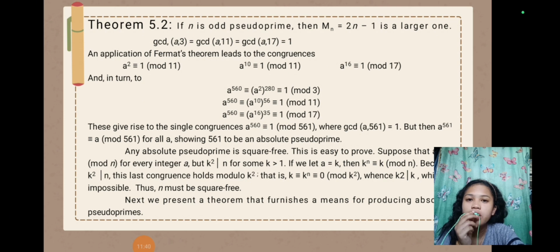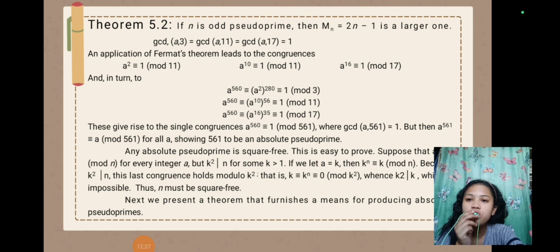Because k^2 divides n, this last congruence holds modulo k^2, that is, k ≡ k^n ≡ 0 (mod k^2), whereas k^2 does not divide k, which is impossible. Thus, n must be square-free.